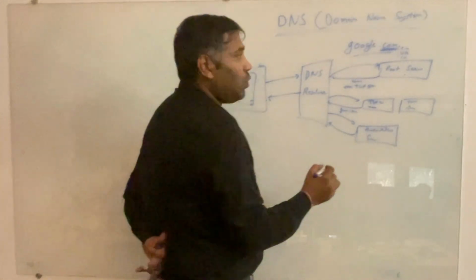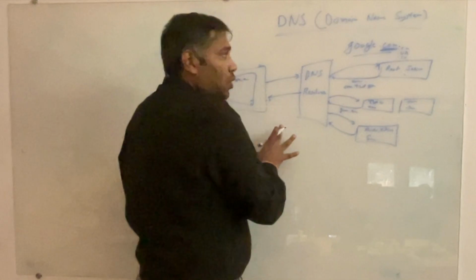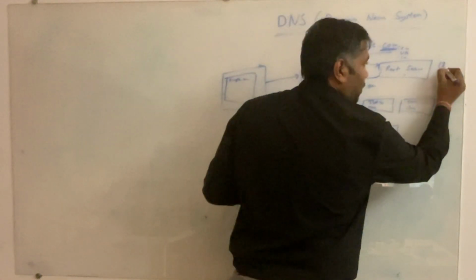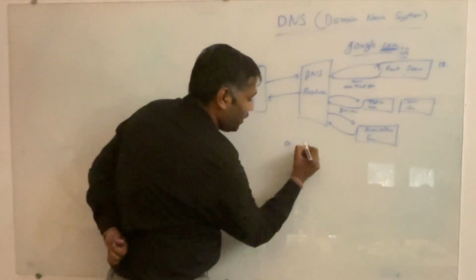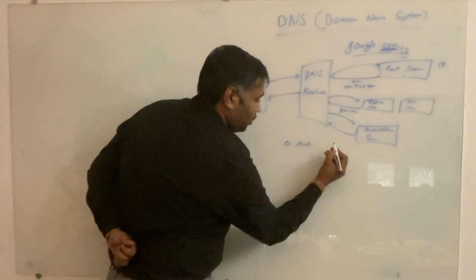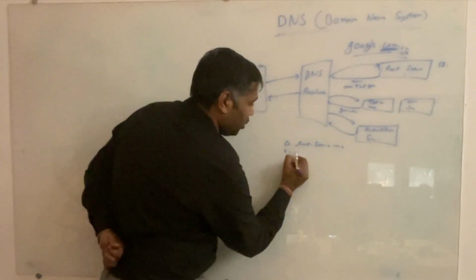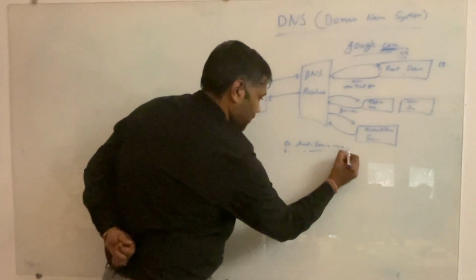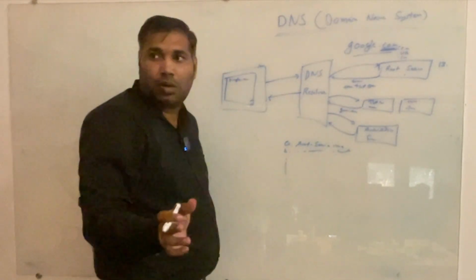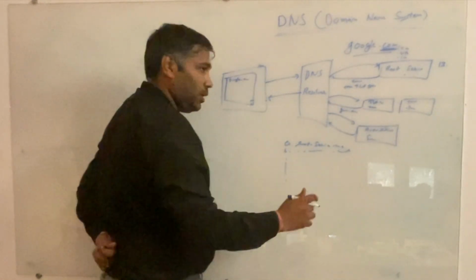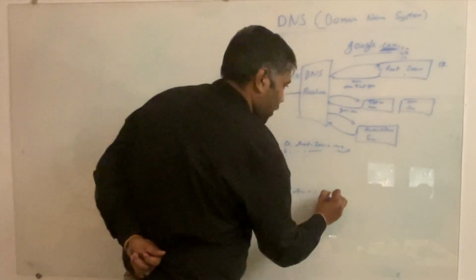Now generally there are 13 root servers, 13 root server details. Generally those start at a.root-servers.net, then b.root-servers.net, till these are 13, so it would be around m.root-servers.net, like that.